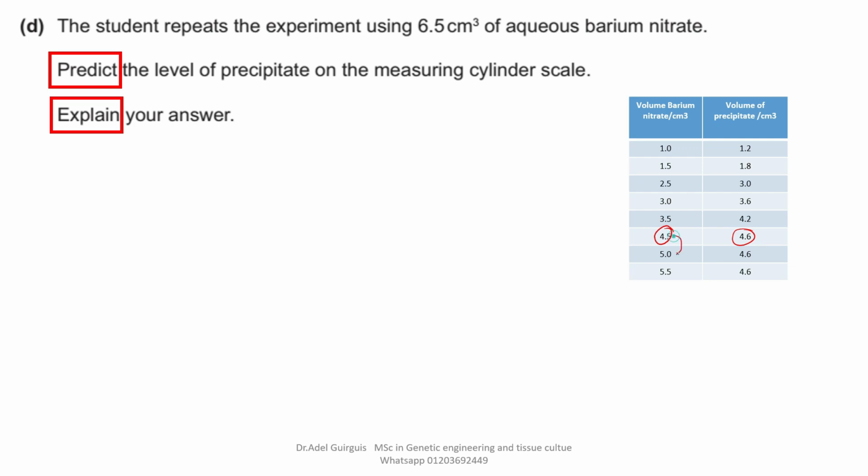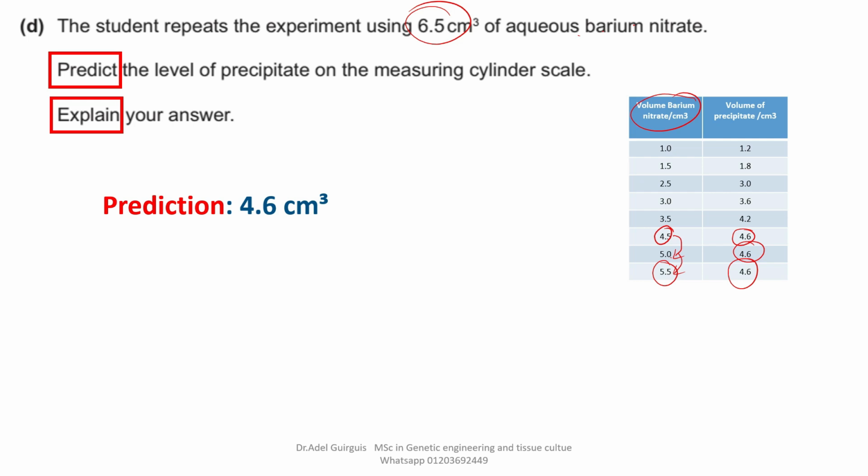When increased to 5 cubic centimeter of barium nitrate, the volume is still the same, 4.6. At experiment number 8, he used 5.5 and also reached 4.6 cubic centimeter. Now predict, what about using 6.5 cubic centimeter of aqueous barium nitrate? Yes, the same. We obtain 4.6 cubic centimeter.